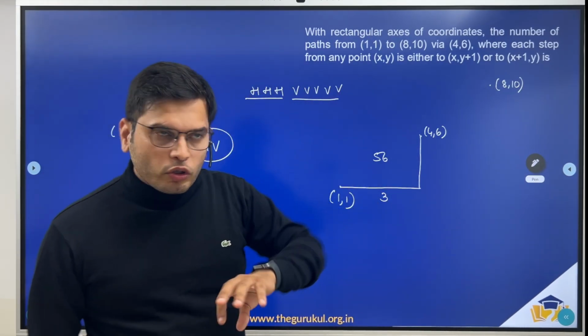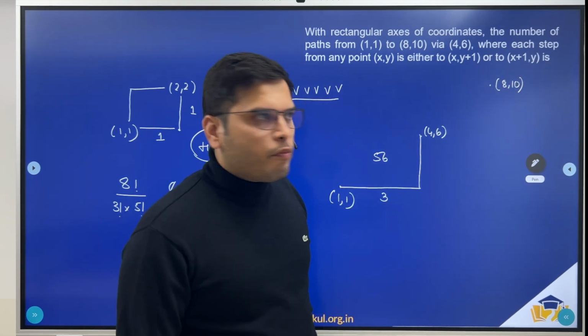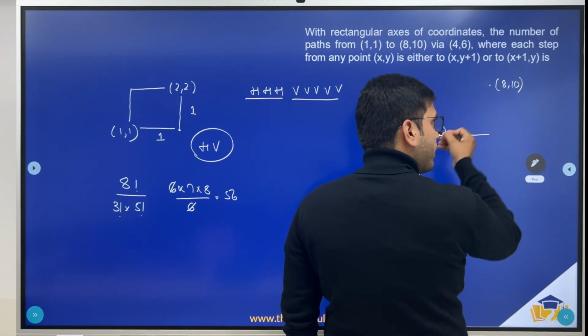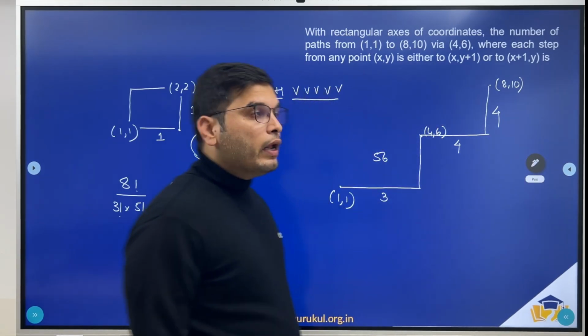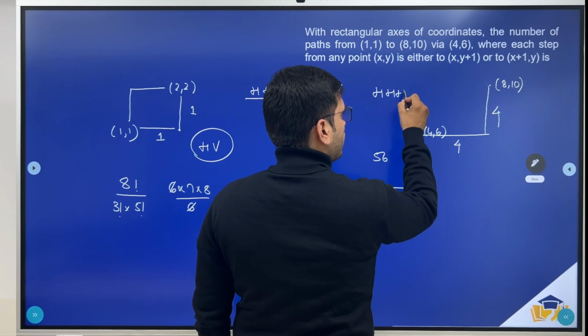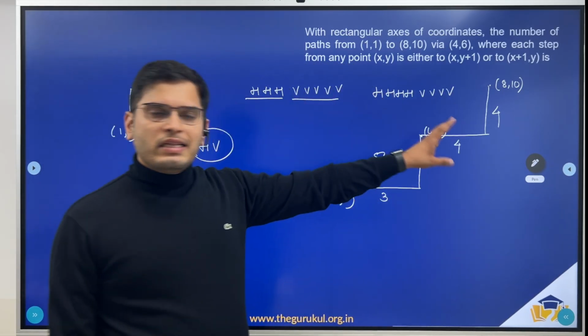Now once you have understood the logic, we can apply the same logic to reach 8, 10 from 4, 6. What is the horizontal distance? 8 minus 4, 4. What is the vertical distance? 10 minus 6, 4. Now you have 4 horizontal steps and 4 vertical steps to take in any order. So you need to arrange these 8.